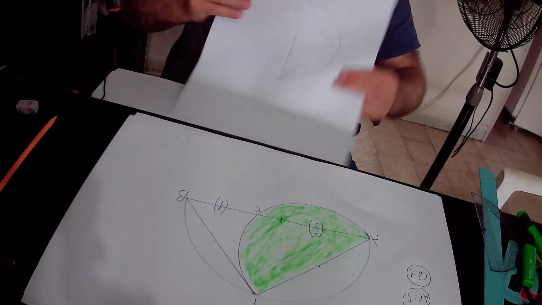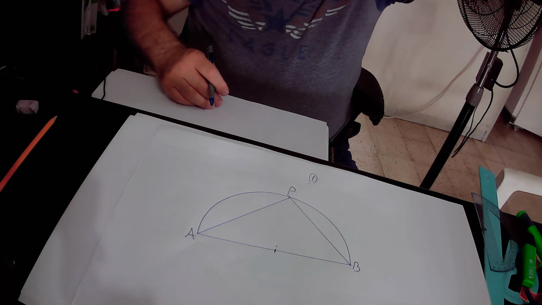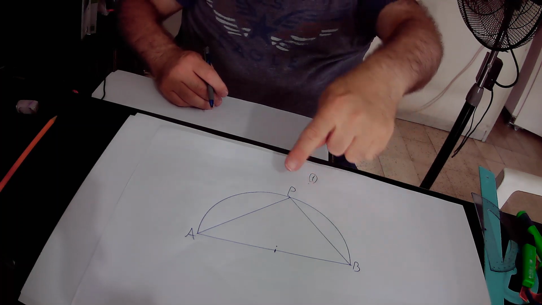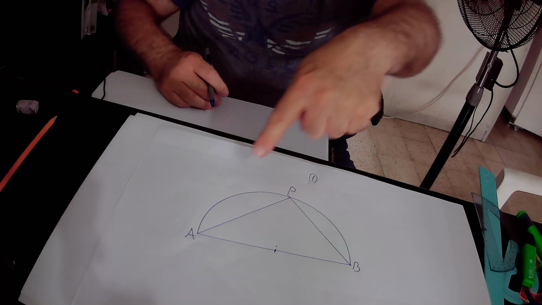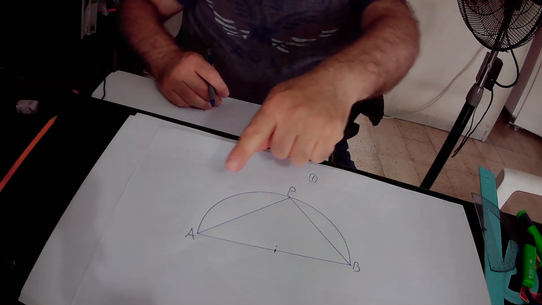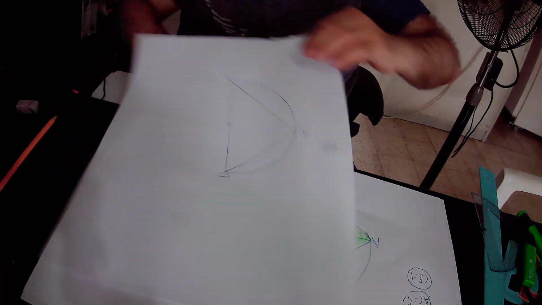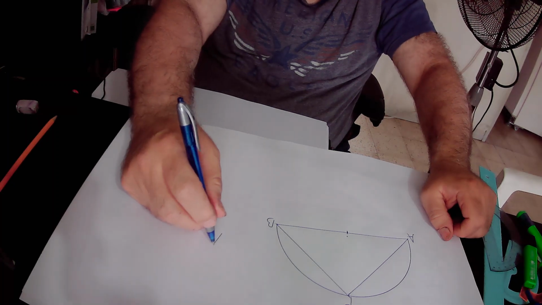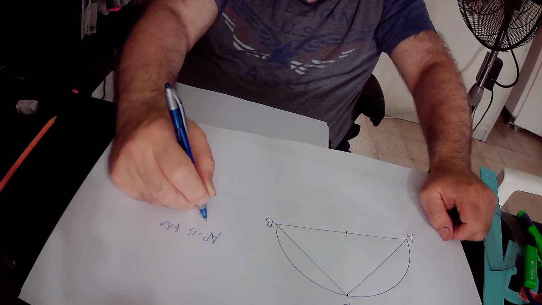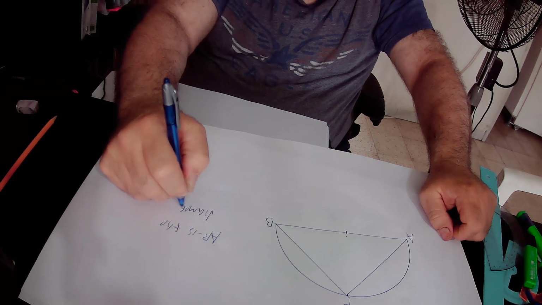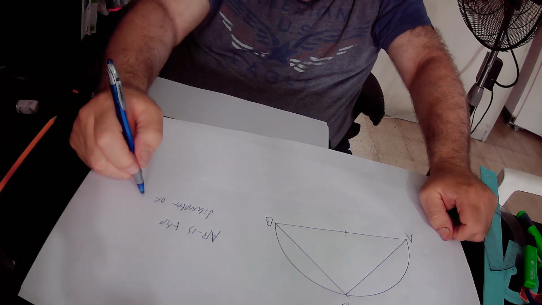This is the white semicircle that I copied from the original drawing. By joining points B and P together by a straight line, we created here peripheral angle APB. We know that AB is the diameter of this semicircle, so I write it down. AB is the diameter of the white semicircle.